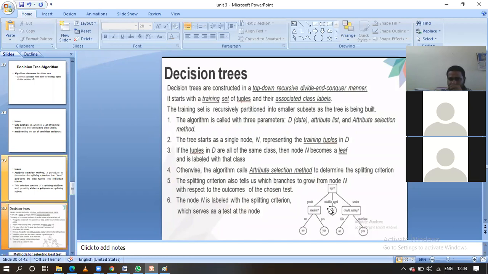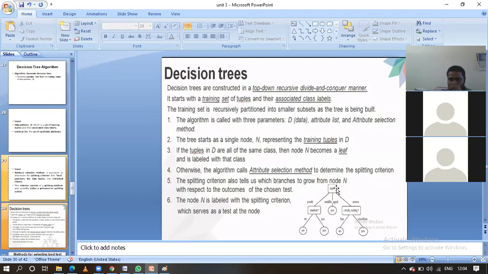Here, where the attribute selection won't come in: suppose all the labels have the same class, then we are going to make that one a leaf, guys. For example here, for middle age, the answer is yes, meaning we are able to give the credit card to that particular person, or the particular person is able to buy a computer, we are going to estimate that.